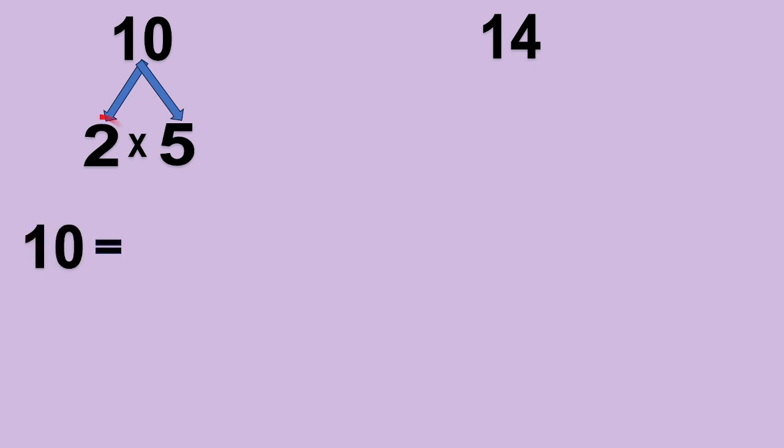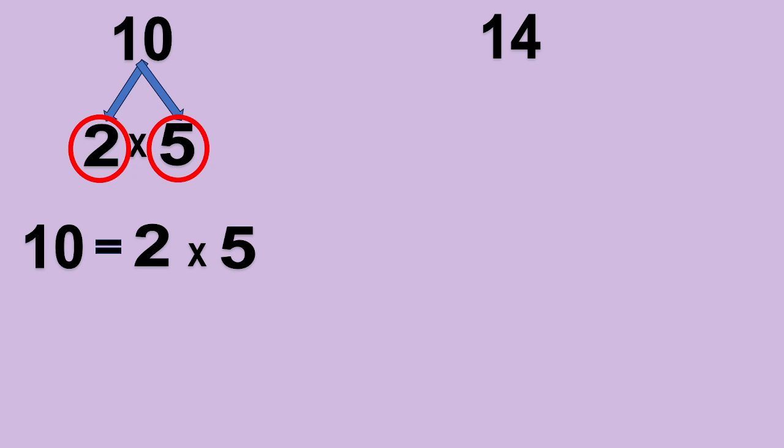Think of two numbers that when we multiply, the product is 10. We have 2 times 5. The numbers 2 and 5 are prime. So, the prime factorization of 10 equals 2 and 5.